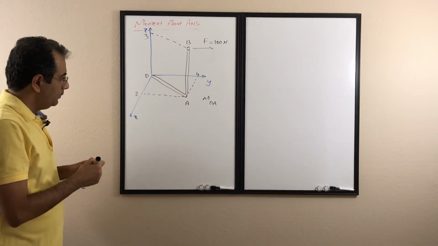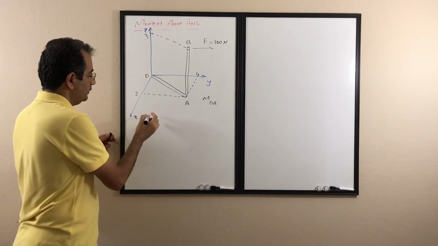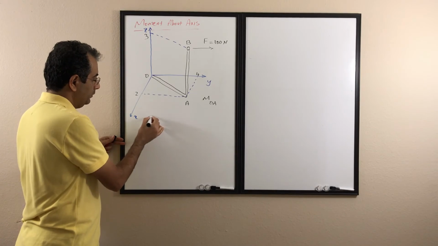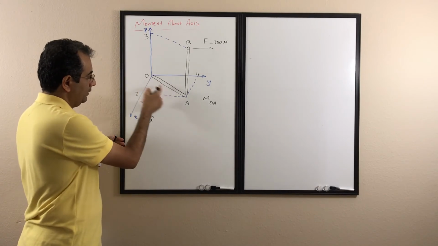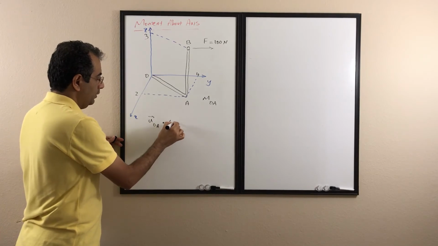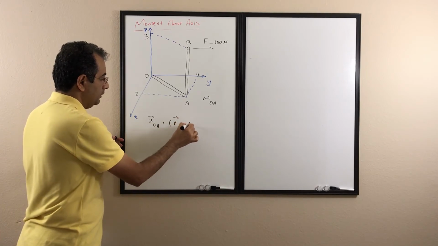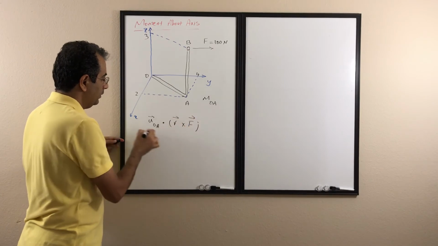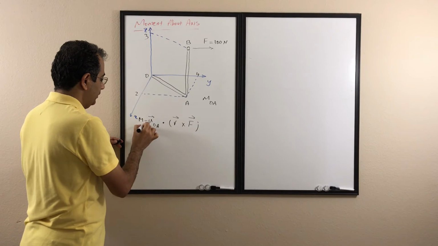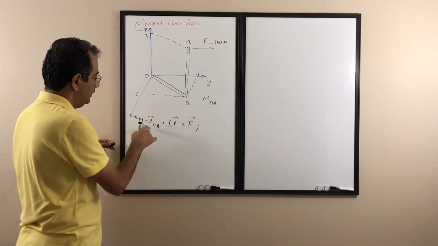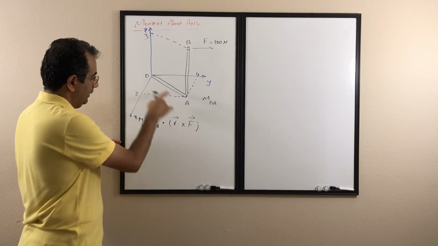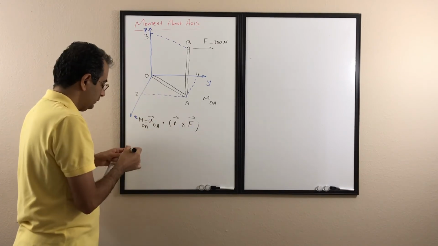If we remember, when we wanted to calculate the moment of force about an axis, we had the unit vector of the axis, dot product R cross F. So M about OA is the unit vector about the axis, dot product R cross F.